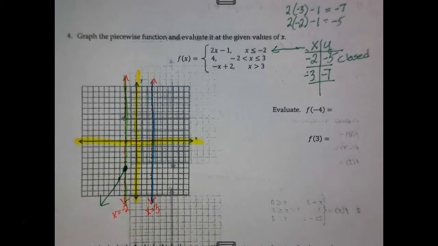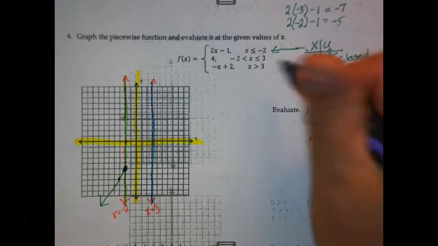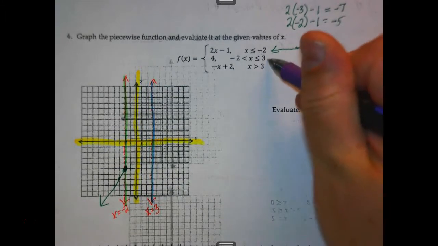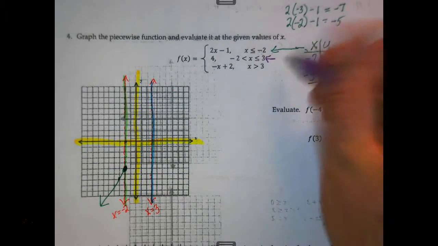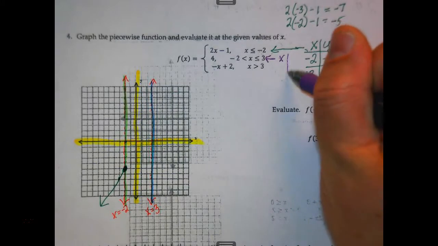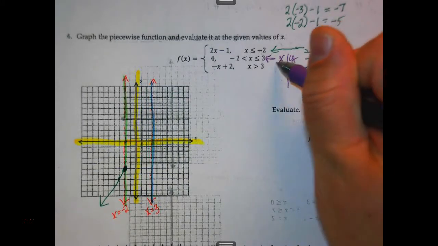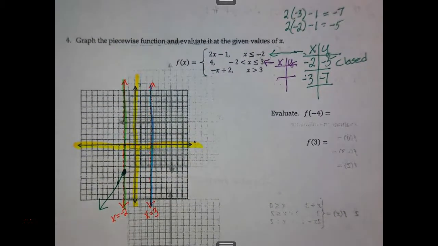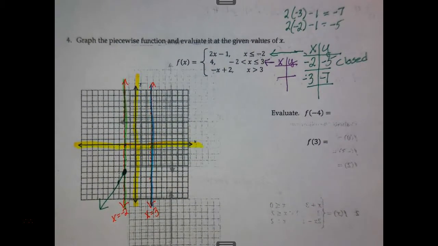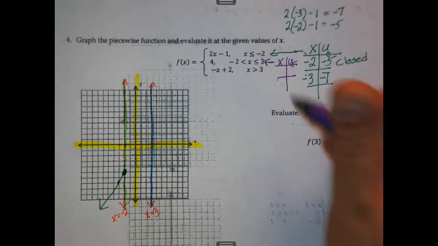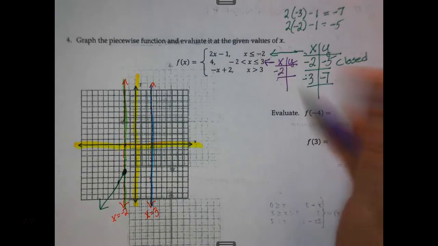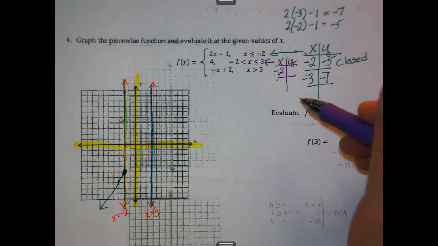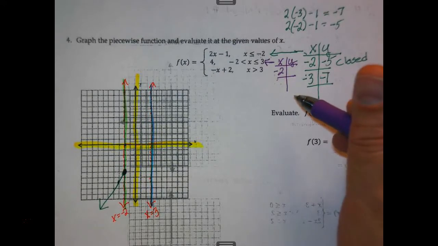All right, let's do the second equation. I need an x, and I need a y. What point do I have to choose? -2. What else? Not quite.